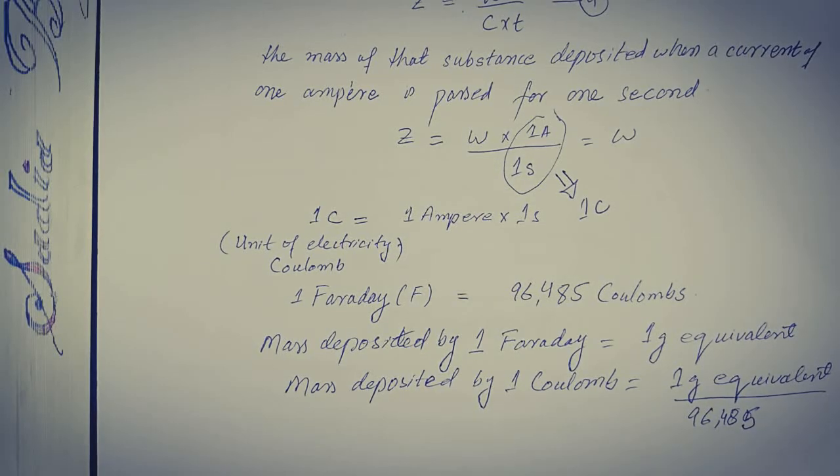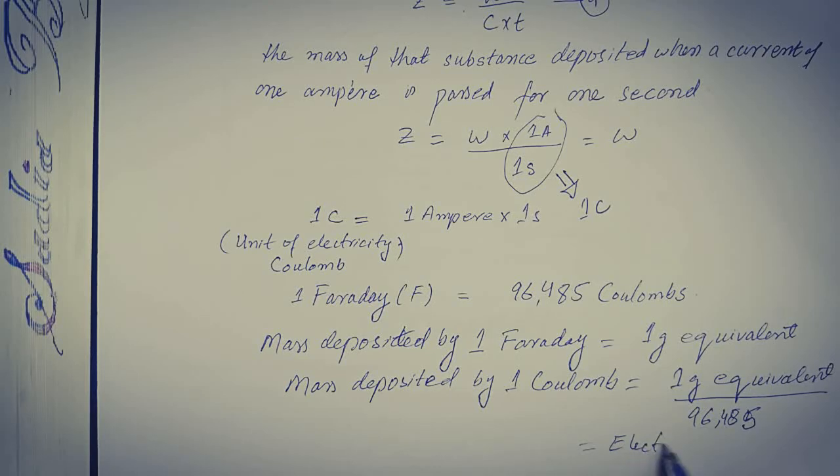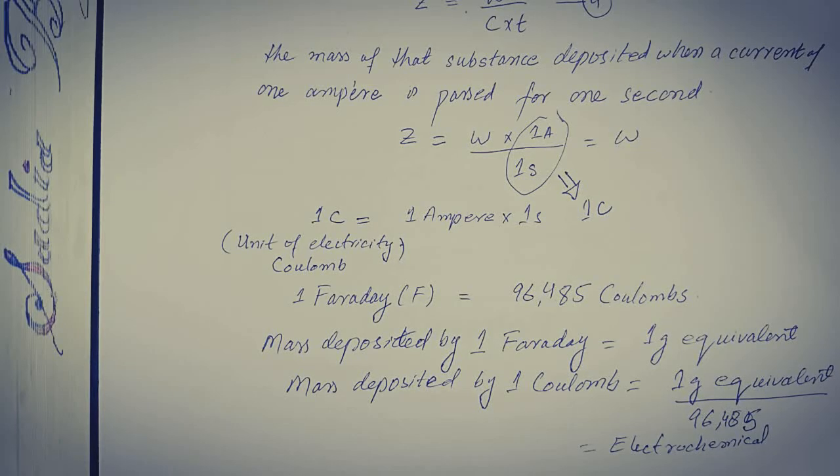So 1 gram equivalent over 96485 coulombs per mole is actually known as the electrochemical equivalent.